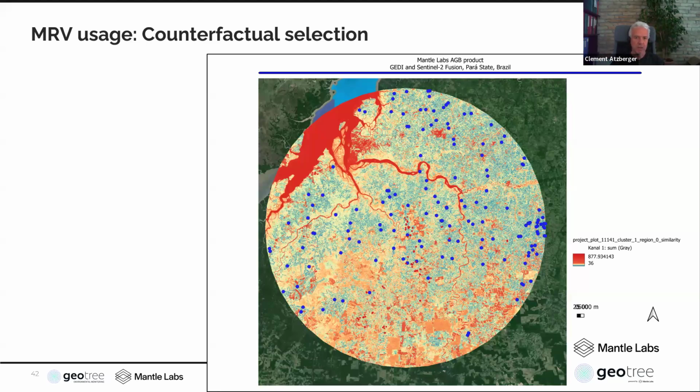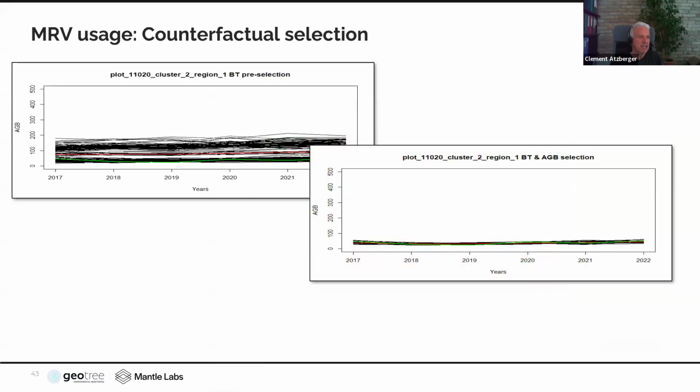So we do a matching. We calculate the Euclidean distance between the Barlow Twins values of our project plots and all the millions of pixels around. Then we find the closest match in this spectral-temporal domain of the Barlow Twins. This is our pre-selection, and then we apply the AGB for the final selection.